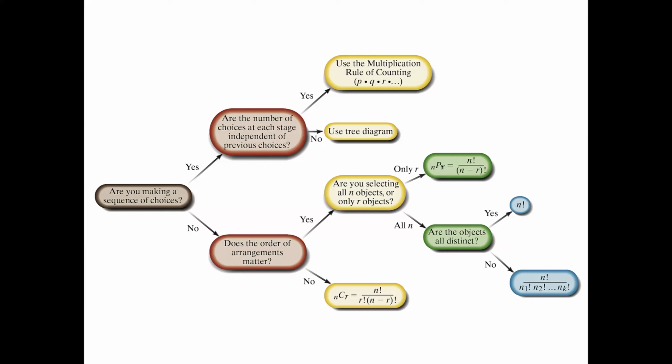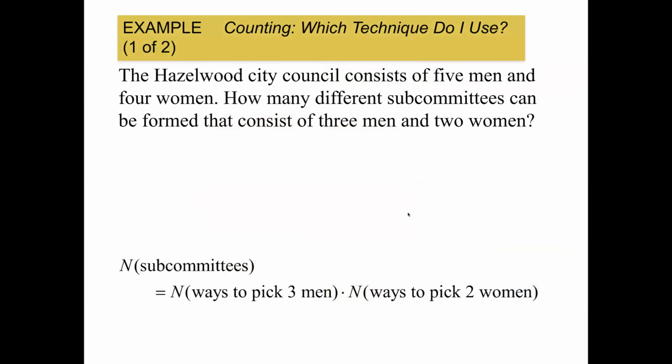But permutations also means you're choosing only R objects from N objects. So remember what this formula means. N distinct objects. How can we choose R? And we know the order of arrangement matters. So hopefully that helps. Hopefully this diagram helps you make the right choices.